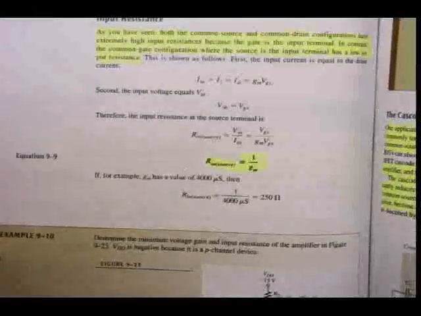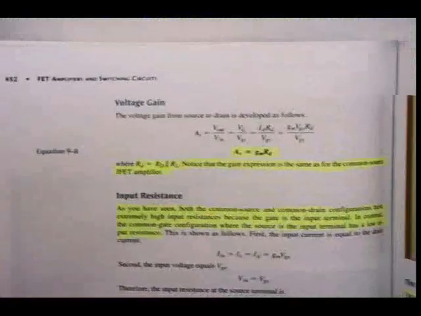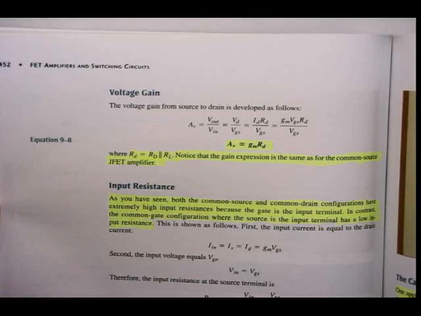Alright, the voltage gain in this case, as we've seen, is always output voltage divided by the input voltage. For this specific configuration of amplifier it is VD over VGS. Replace ID RD over VGS.